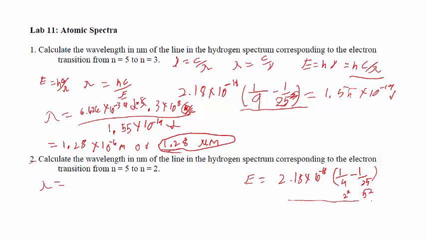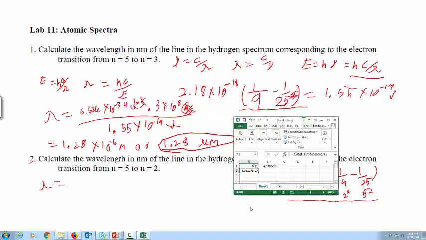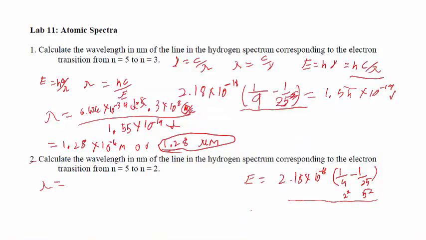And now when we calculate that out, that is 4.58 times 10 to the negative 19th joules. Then we put that into the equation.